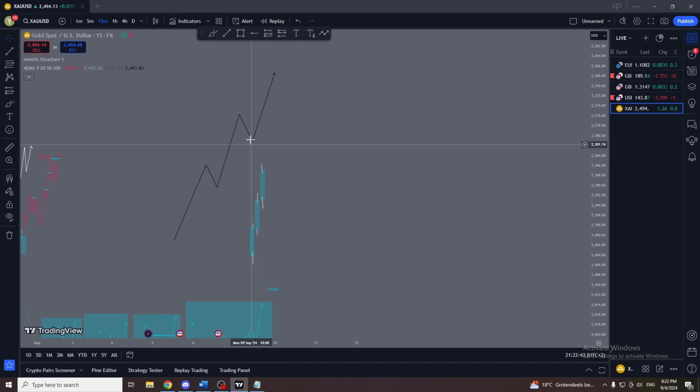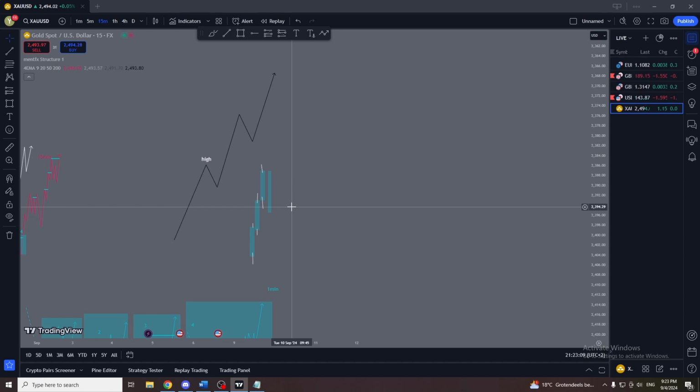Just so people can understand it. For me to mark this as a high, so if I want to put the word high here, I want it to have a pullback. What I mean by a pullback is a candle that closed below the wick or the body. If there's no wick, then it's the body. I want the candle to close below the wick or the body of the previous candle.